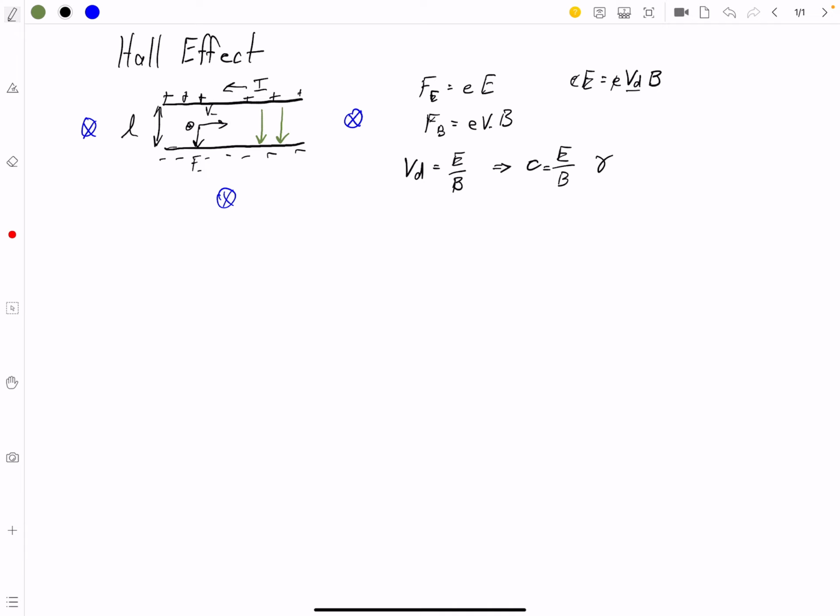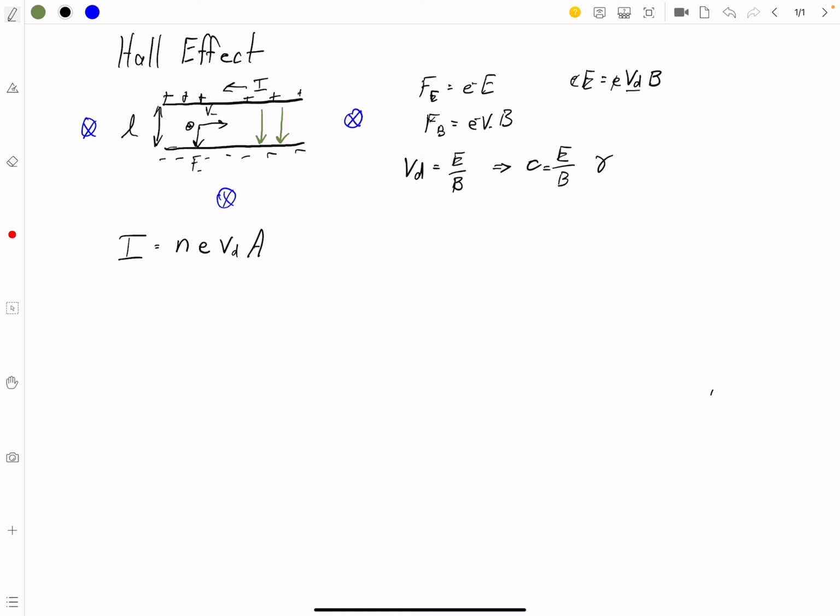Our current in this Hall effect is equal to the number of, we're going to call them electron holes. We won't put a negative on our electron. We'll call it a hole. We'll keep it positive. And this is the case.